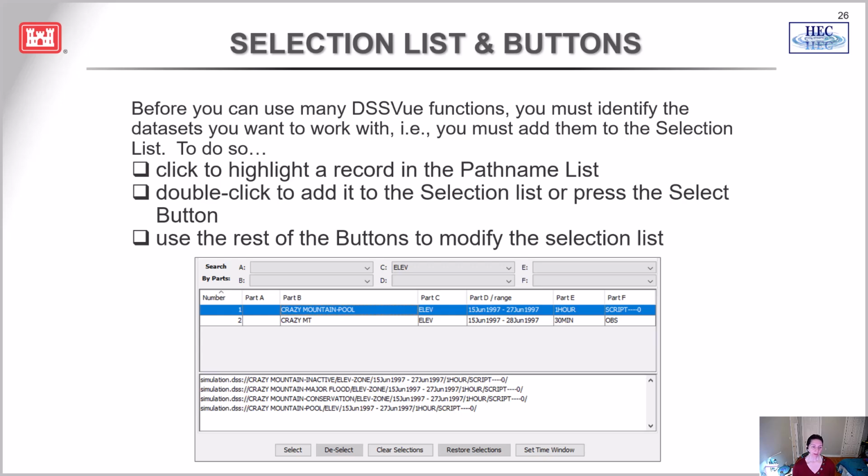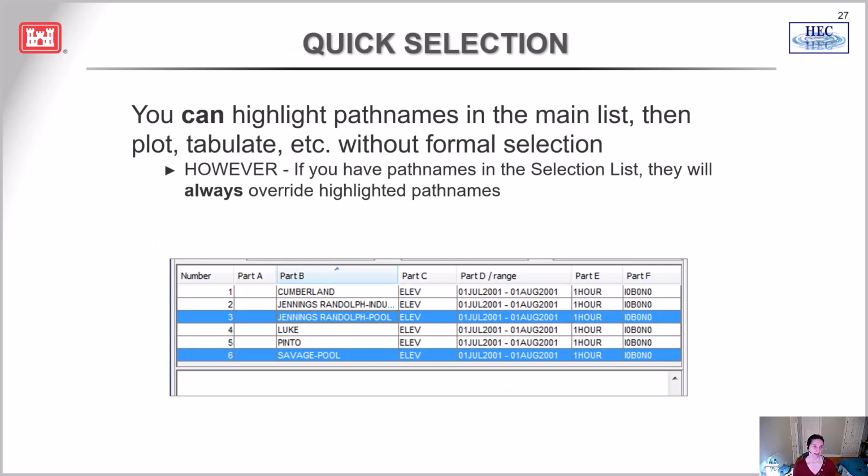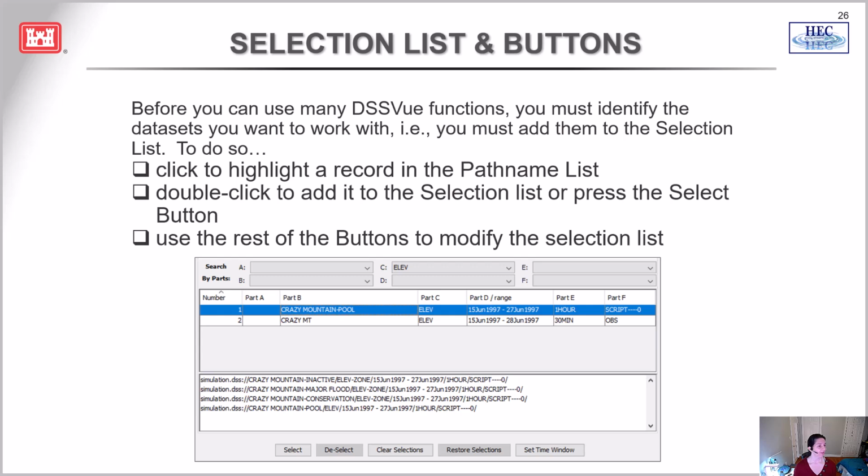This is really important to note: as you are clicking through, highlighting the names will allow you to plot, to tabulate, to do anything you'd like, just like it would if you had selected. However, if you ever have anything in this box down at the bottom, that is going to override anything you have highlighted.